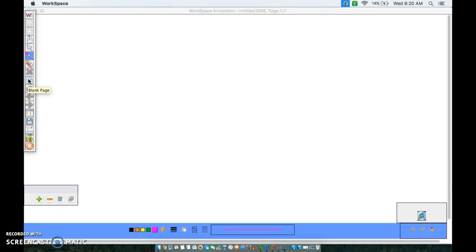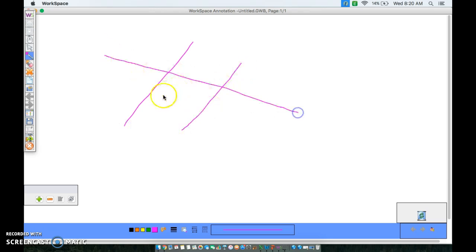And then we talked about parallel lines and transversals. So here's my parallel lines. Here's my transversal. And let's just number these off for simplicity's sake. Okay, so we had our corresponding angles, angles that are in the same place.